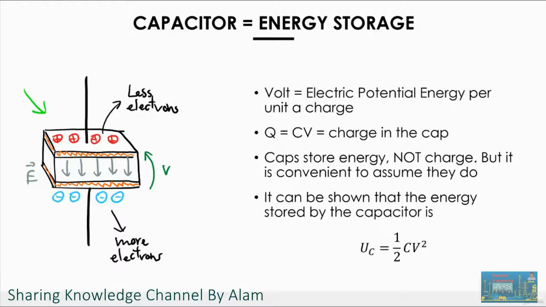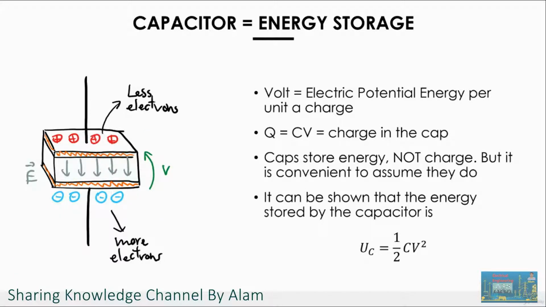We apply the voltage across the 2 terminals, and we know that when that happens, we have a certain amount of positive charge accumulated on the upper plate and a certain amount of negative charge on the lower plate. The presence of this accumulation of positive and negative charge generates an electric field within the dielectric. We also know that the amount of charge accumulated on the capacitor depends on the voltage and also on the value of the capacitance of the device, which in turn depends on the geometry of the device and the dielectric, according to this equation, Q equal to C multiplied by V.